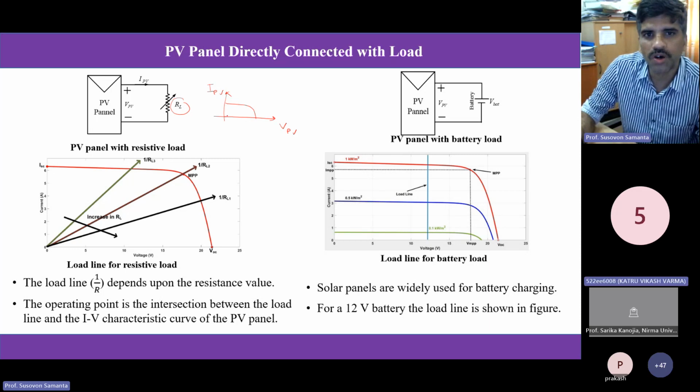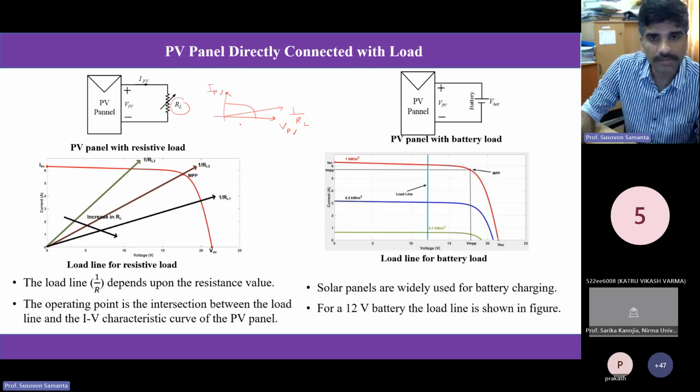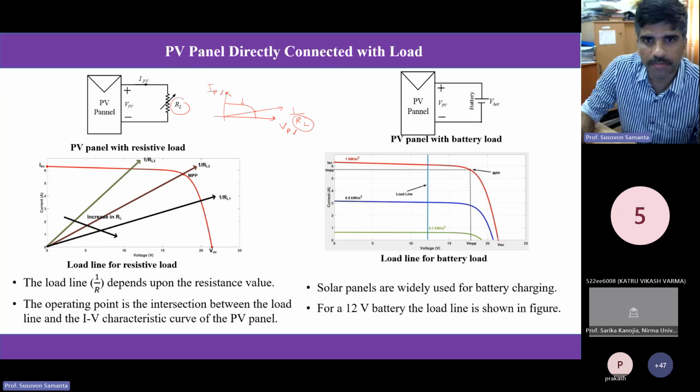Suppose this is 1 by RL. What will be the operating point at this particular irradiation level with this particular RL value? The operating point will be this.